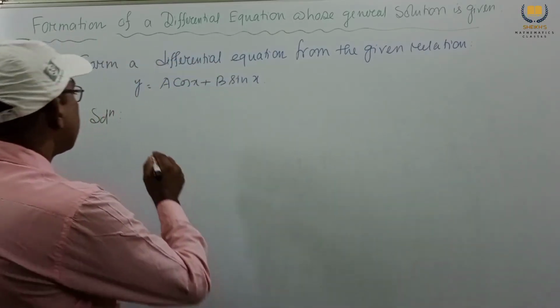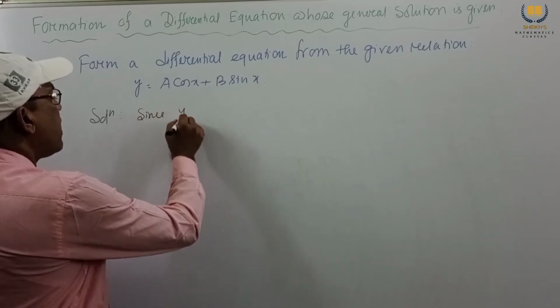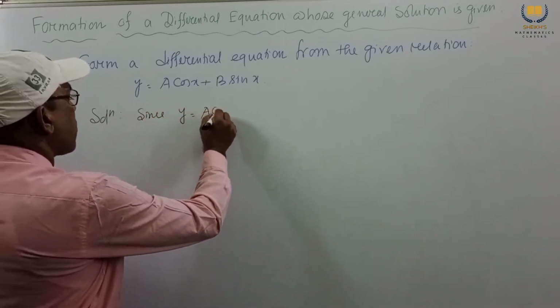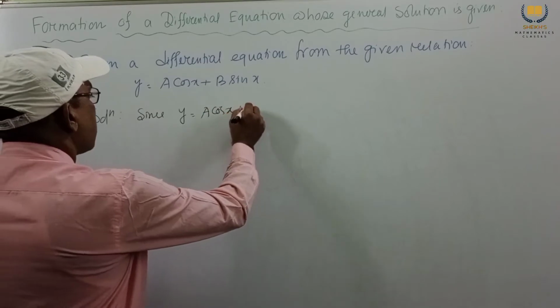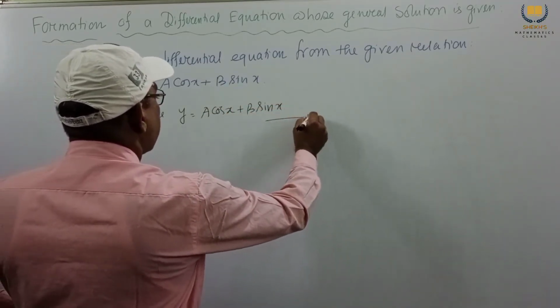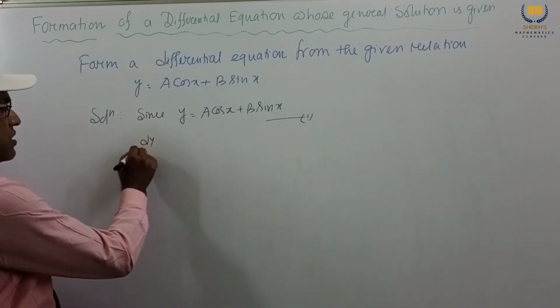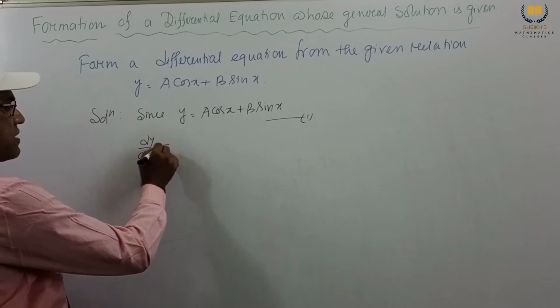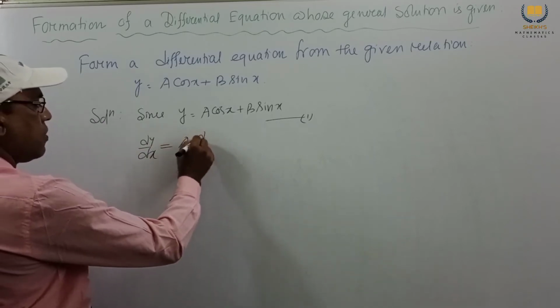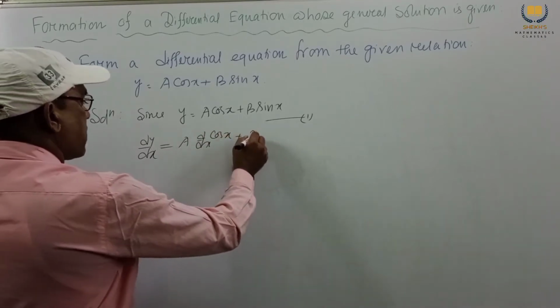Now we start this problem. Since y equal to a cos x plus b sin x. This is number 1 we consider. Now we differentiate both sides with respect to x.